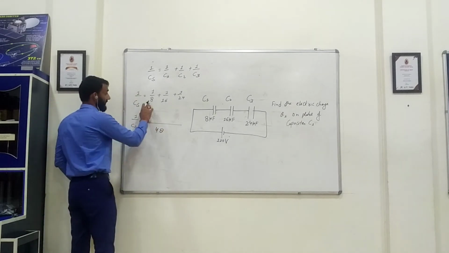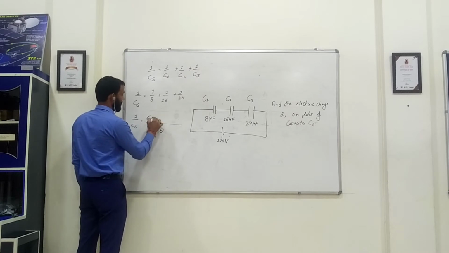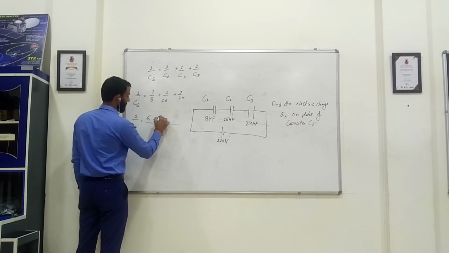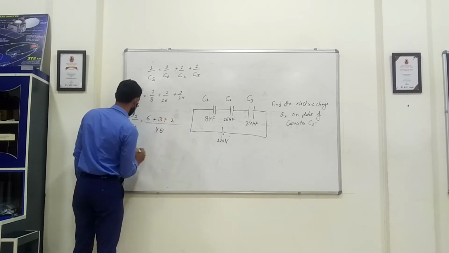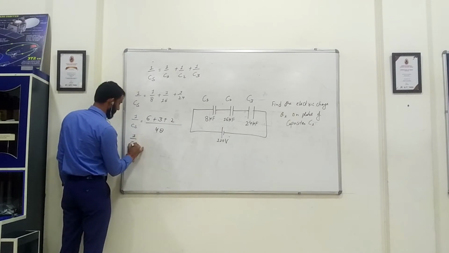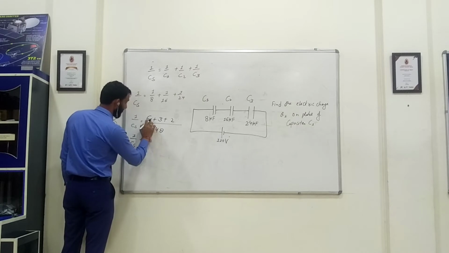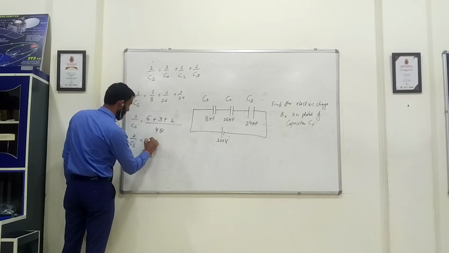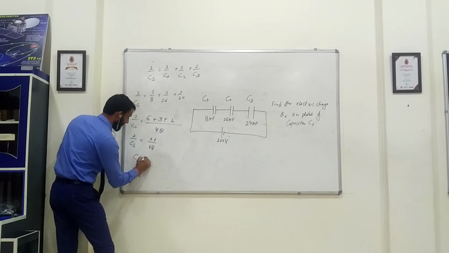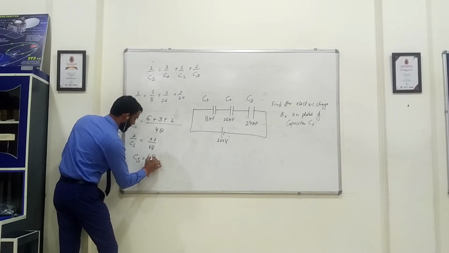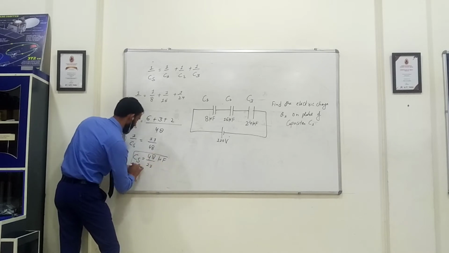So this will come 6 plus 3 plus 2, which is 11 by 48. So the net capacitance is coming as 48 upon 11 microfarad. This is the net capacitance.